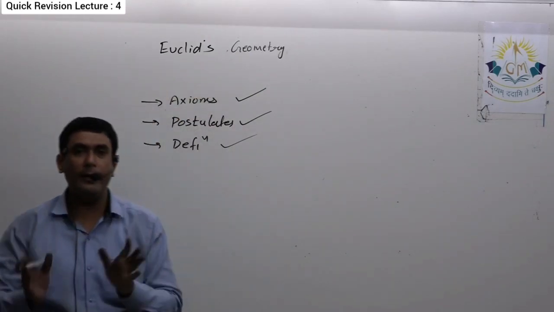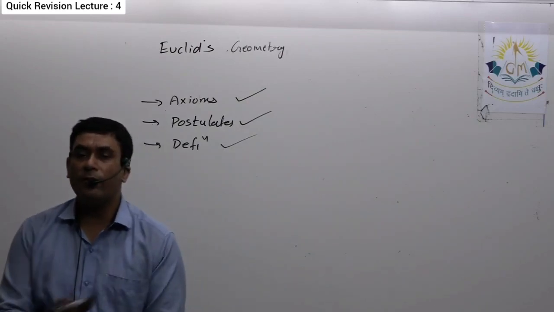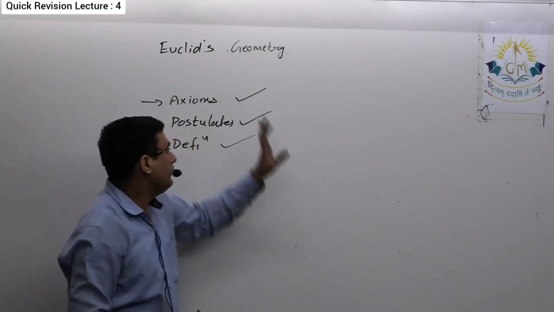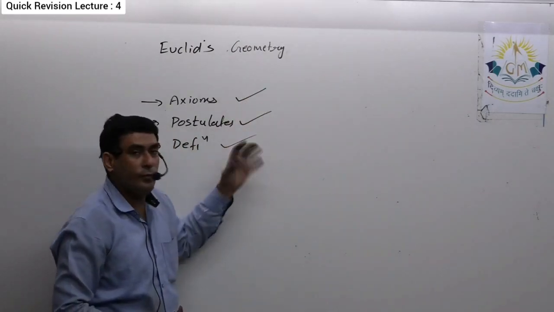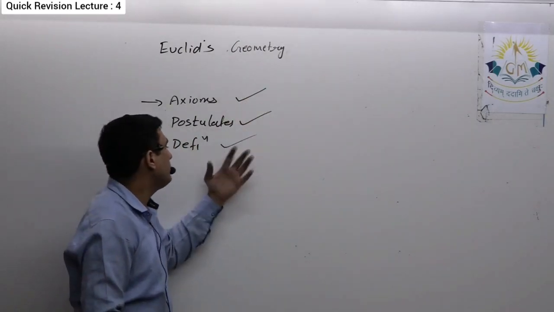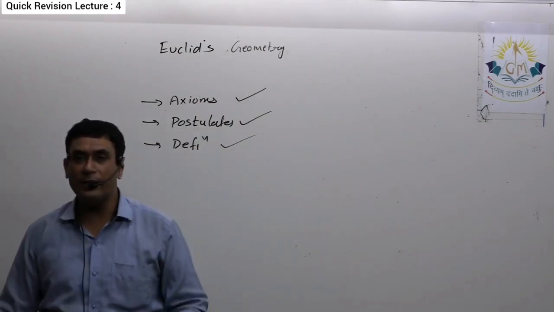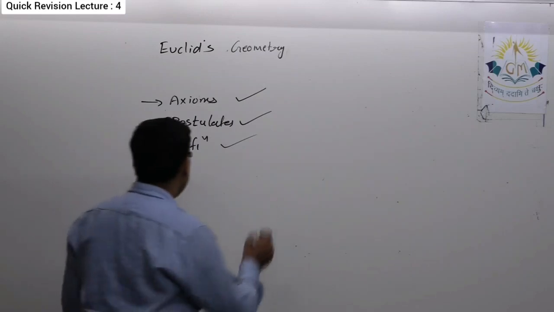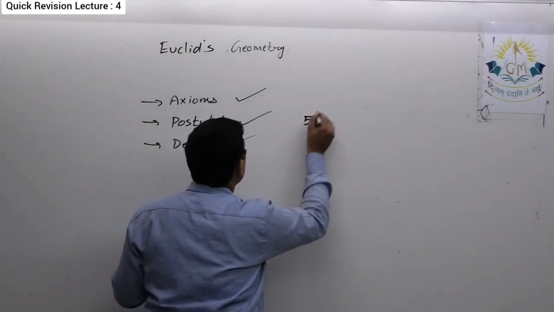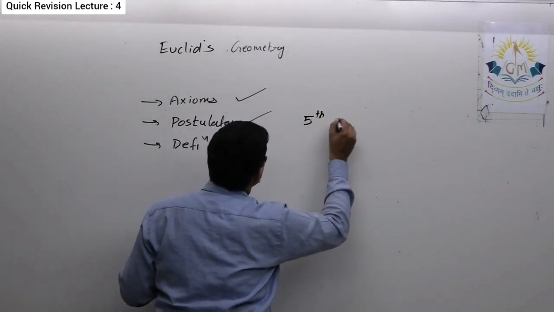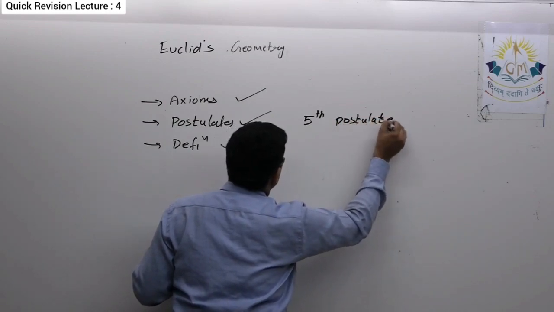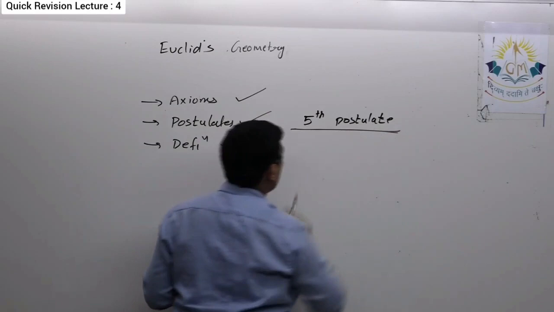You should be able to identify them. Suppose 15 statements are given, you should be able to identify which are the axioms, which are the postulates and which are the definitions given by Euclid. Especially in postulates you have to concentrate more on the fifth postulate.